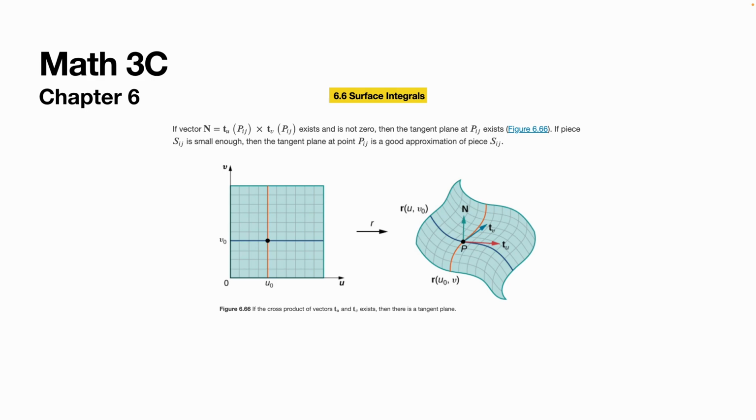And recall that smooth meant that the cross product of the two partial vectors is not zero, meaning that we have an n vector, set n vector equal to the cross product of those two partials, or the two tangent vectors, which means that we have a tangent plane at the point.